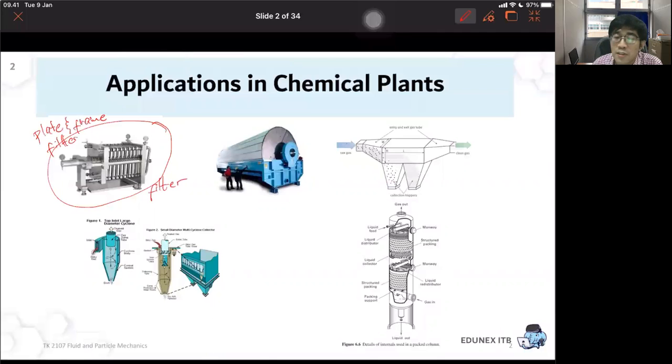To separate, if you have slurry, meaning a high amount of solid particles inside the liquid, you need to separate, either you want to take the solid part or you want to purify the liquid part, and you need to use a filter.